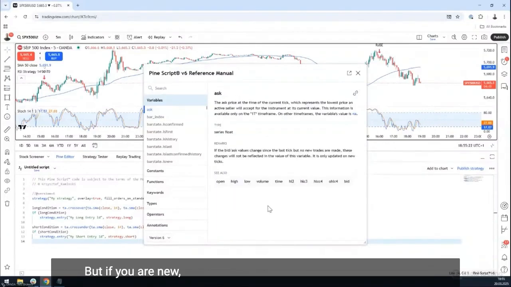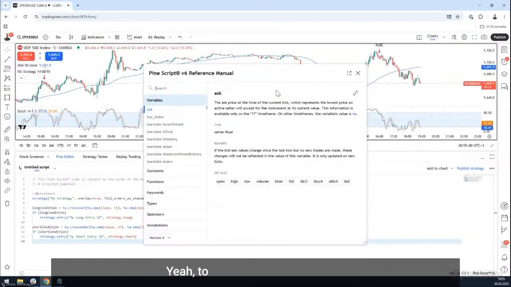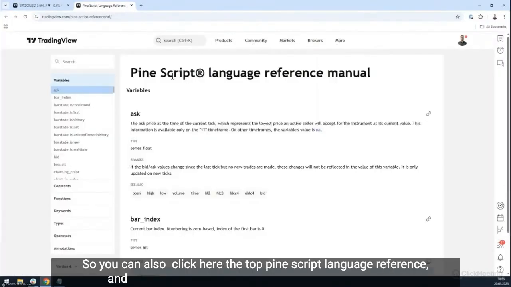But if you are new to learning Pine Script, then it could be very good for you to start with the newest version, and you can find different kinds of variables and how to create a set of functions. You have to create your own strategy. So you can also click here on the Pine Script language reference, and you will have information about Pine Script.